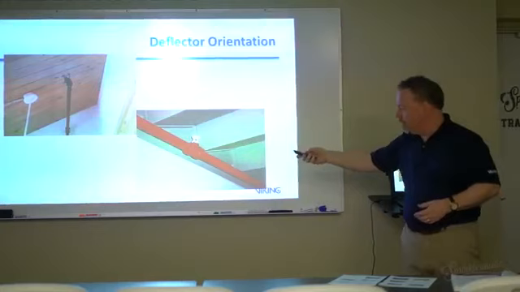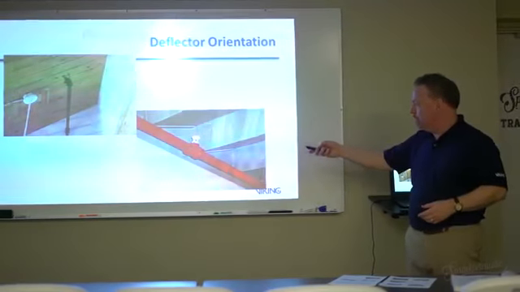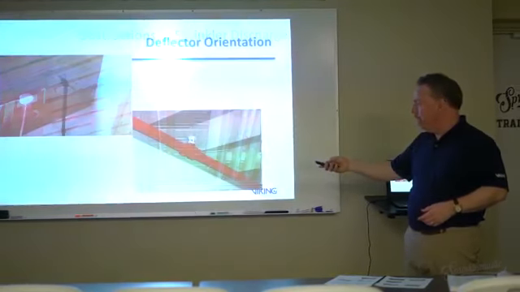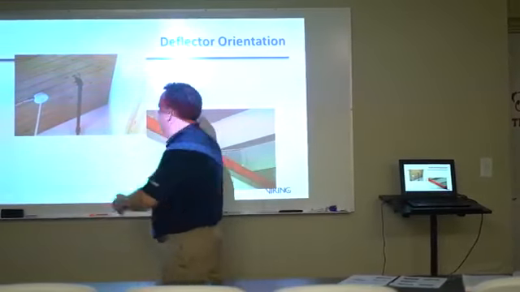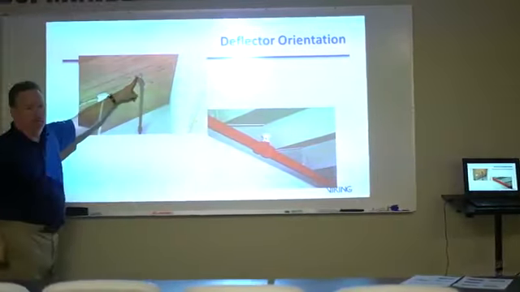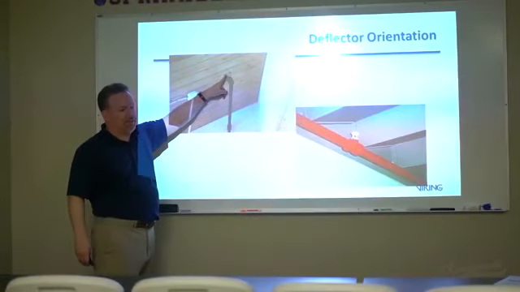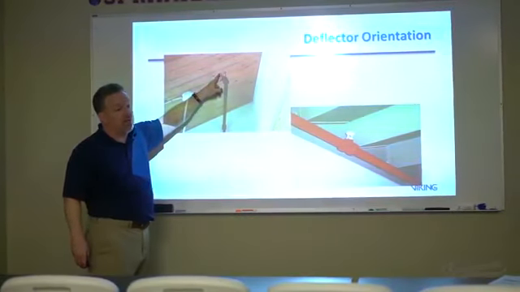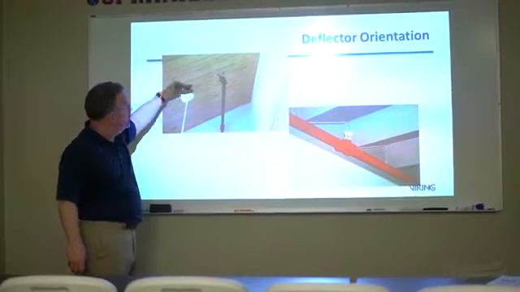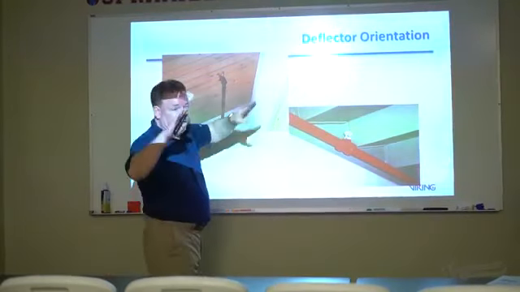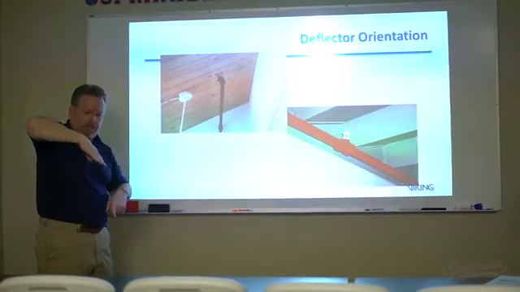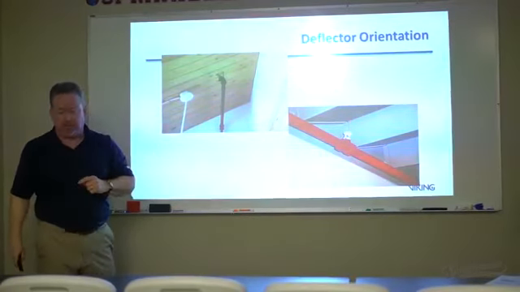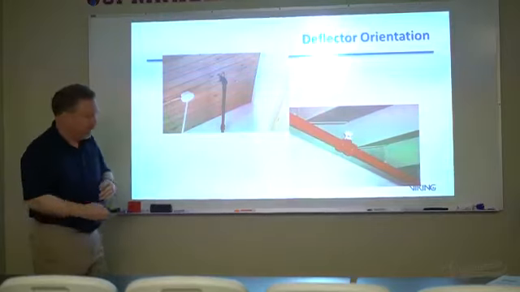We are required to install the sprinklers along the pitch of the roof. Same orientation of the pitch. Yeah, the deflector is in the same orientation. Now, if I've got a sidewall sprinkler, that same thing happens. That sidewall sprinkler doesn't spray straight out. We tilt that sidewall sprinkler so it's spraying down the pitch of the roof.